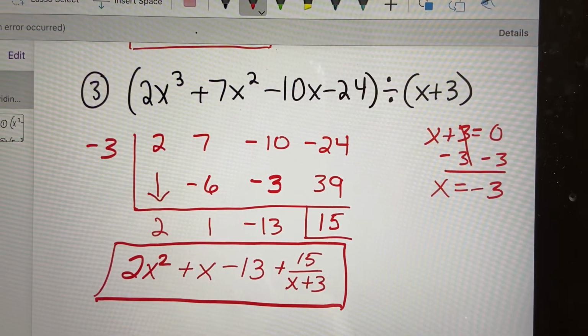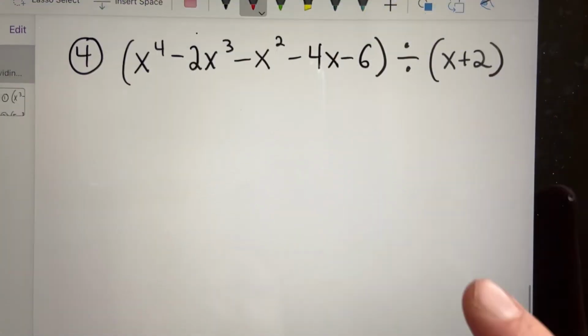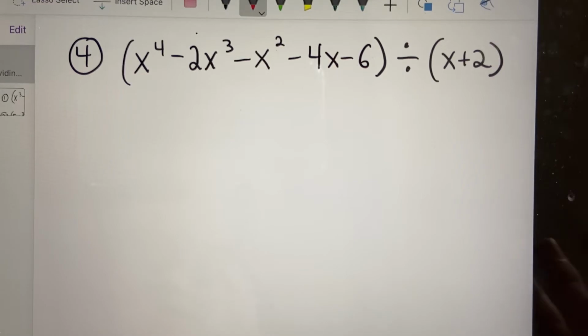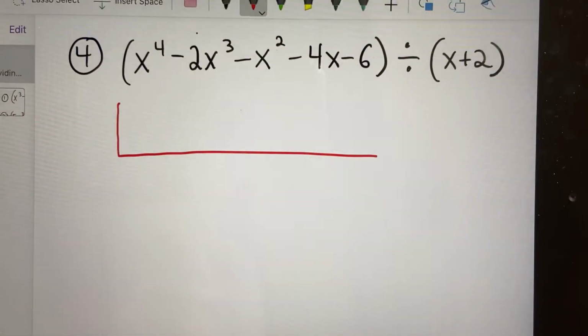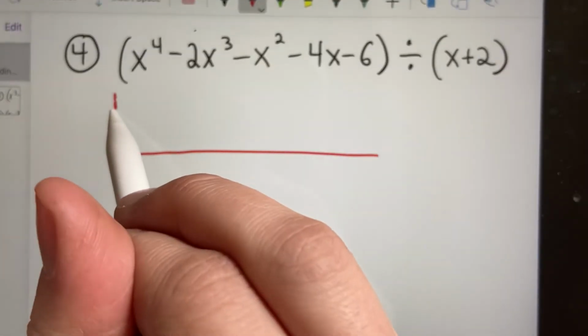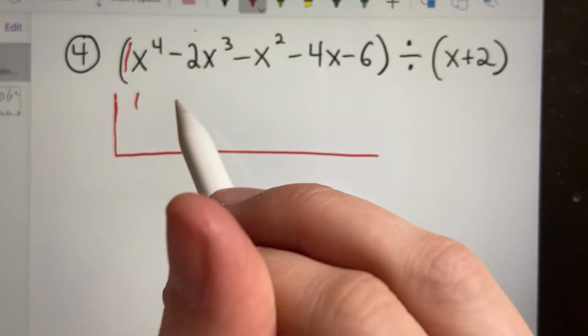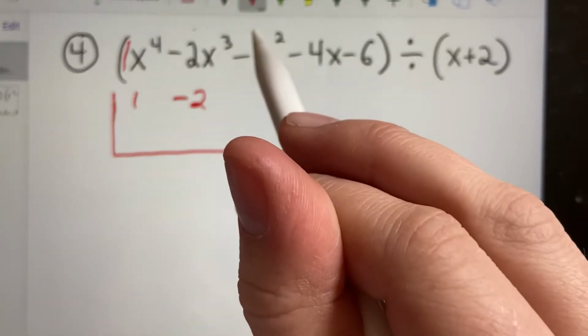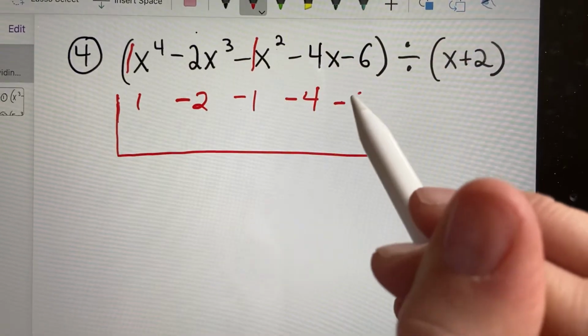So far, so good. Let's just do one more problem. I wanted to do one more problem that starts with an x to the fourth, just because it's going to have one extra number, but everything stays the same. Draw that upside down division bar, and then this would be a 1, negative 2, this is technically a negative 1, negative 4, and negative 6.